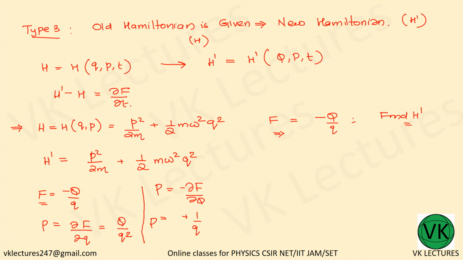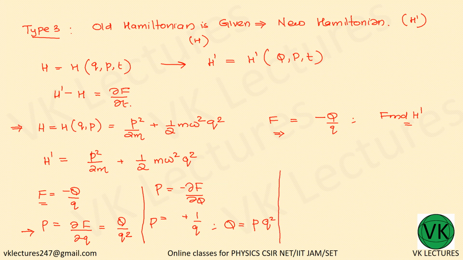From this equation we are writing capital Q is equal to small p q squared. So these two we have achieved.